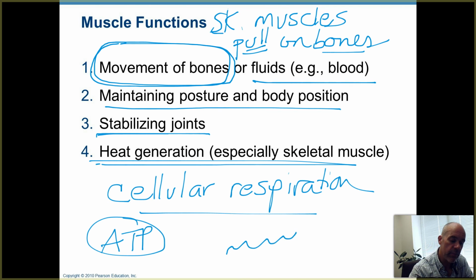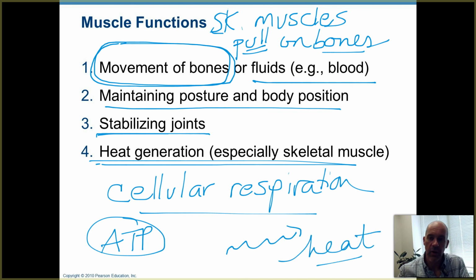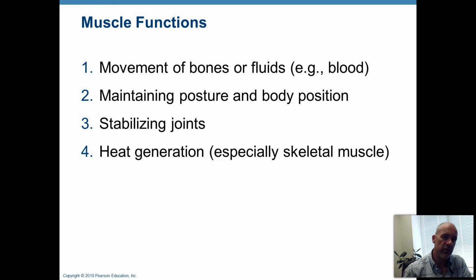And as you break down your nutrients, not all of that energy is harnessed. Some of that energy winds up escaping in the form of heat. And warm-blooded animals like us use that to help maintain body temperature, but it also is responsible for the overheating that you experience when you exert yourself, like when you're out working in the yard on a hot day or you are exercising.